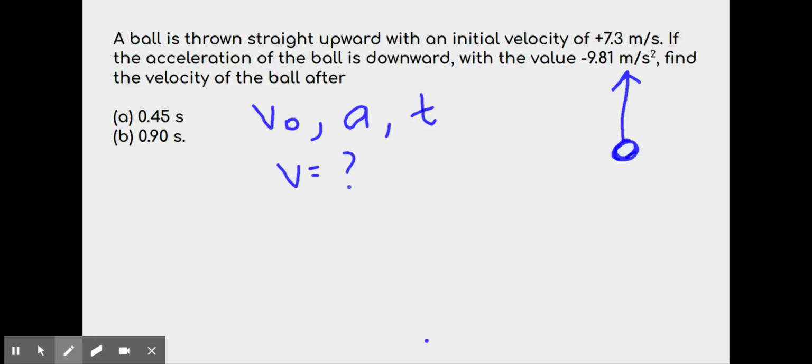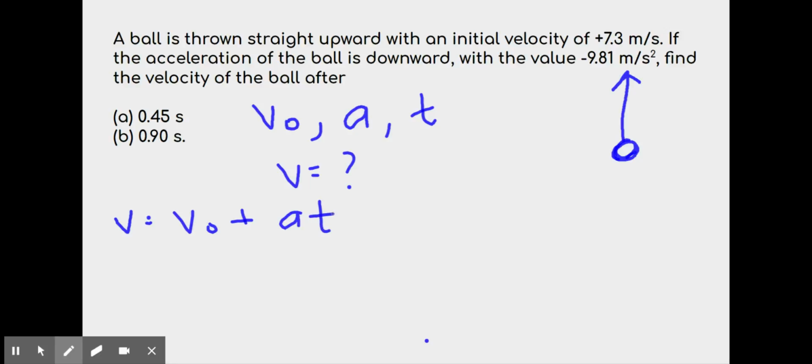Well, do we have some kind of equation that relates v naught, acceleration, time, and the final velocity? Yes, we do. One of our equations of motion. In fact, it is v equals v naught plus at.